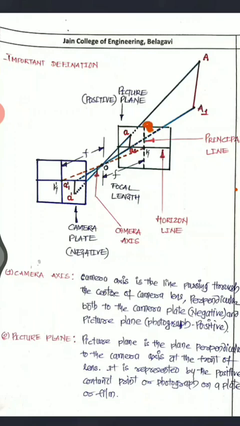If you have reference points on the photograph or on the picture like this, and if you join these fiducial points, then we call them principal lines. Here this dotted line is a principal line, and this is also a principal line. The plane where these lines lie, we call the principal plane. These two we call principal lines.